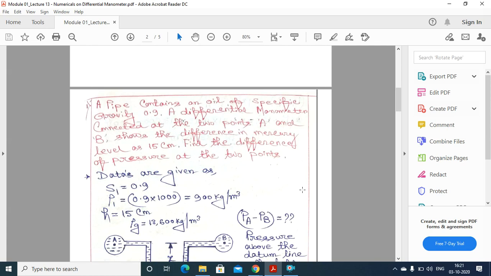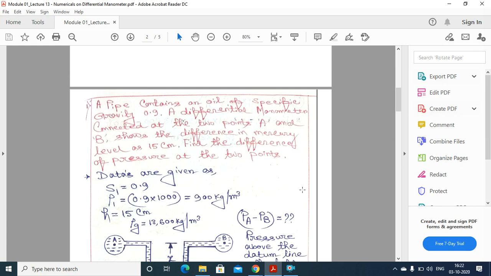So here is the first numerical on your screen. A pipe contains an oil of specific gravity 0.9. A differential manometer connected at the 2 points A and B, as shown, shows the difference in mercury level as 15 centimeter.